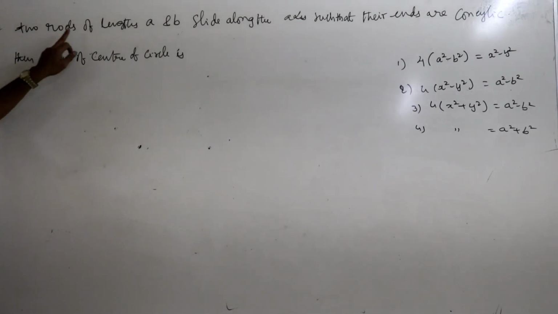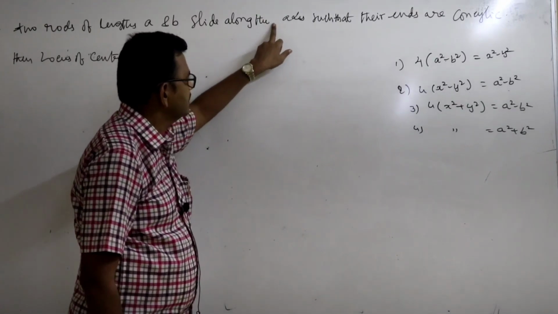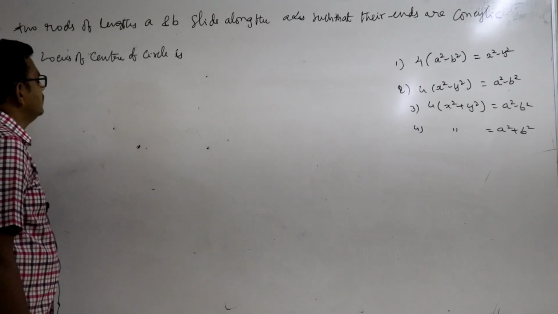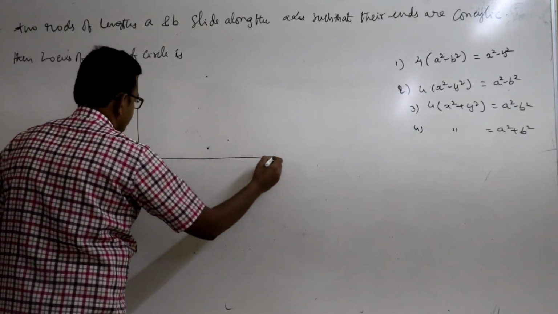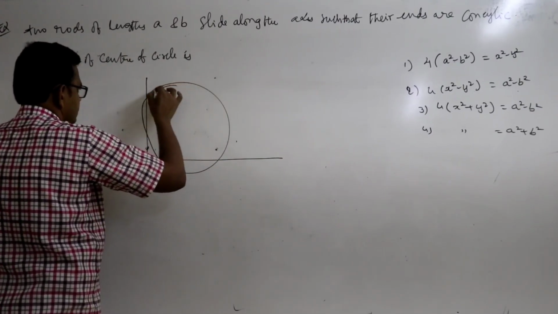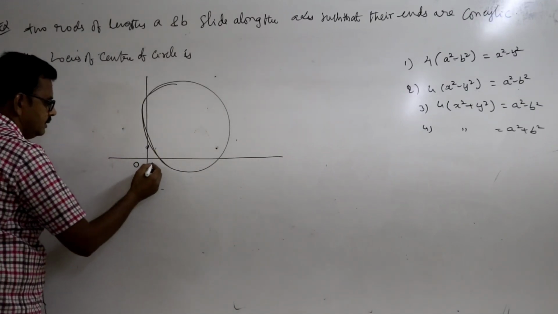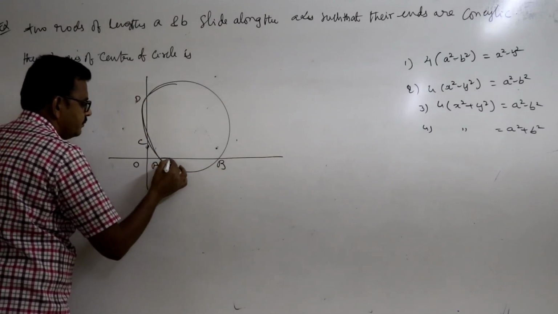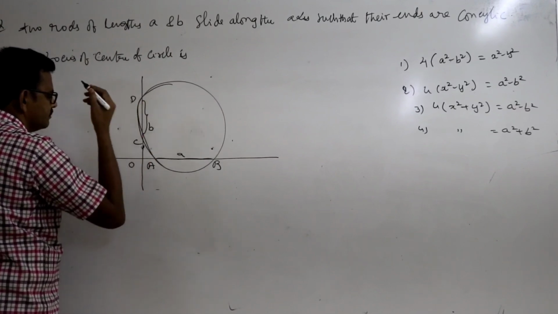Two rods of lengths A and B slide along the coordinate axis such that their end points are concyclic. Then what is the locus of the center of the circle? So this is the circle, this is O, A, B, C, D. This is a rod of length A units, and this is the rod of length B units.